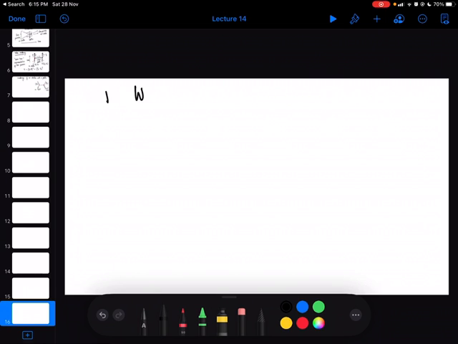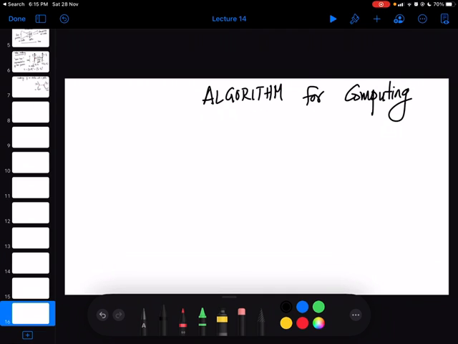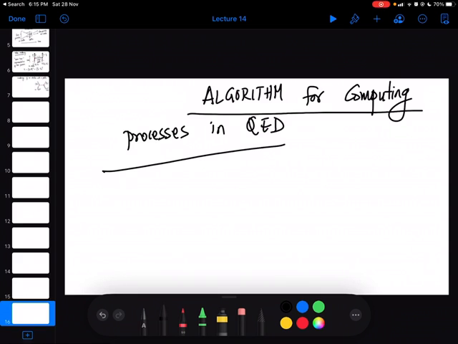So write down the first step. Now what we are going to do is essentially something called the algorithm for computing a process in QED. There could be any number of whatever simple processes.